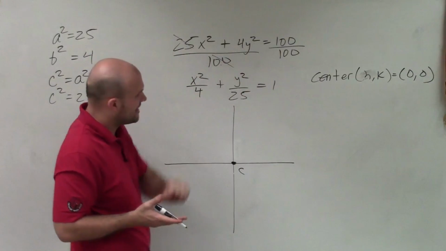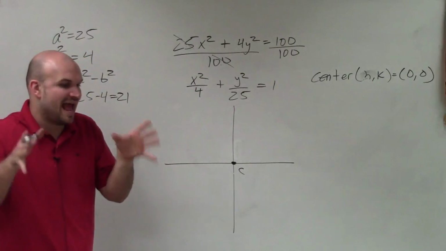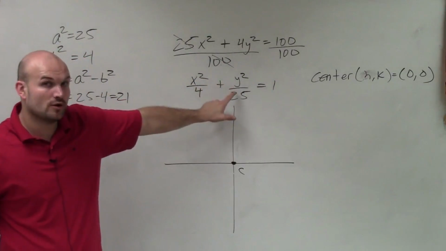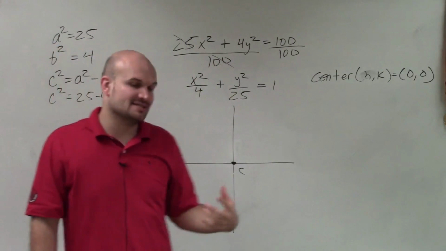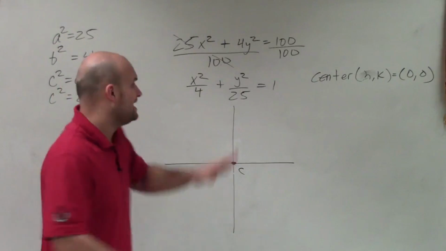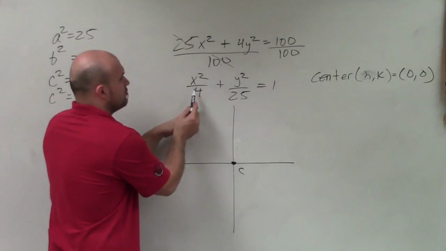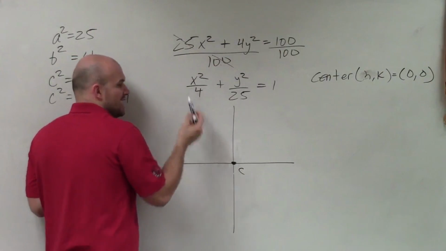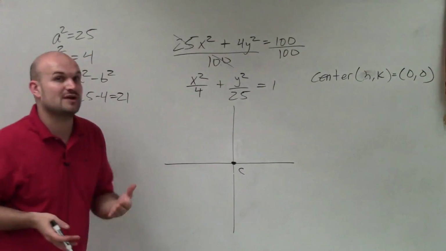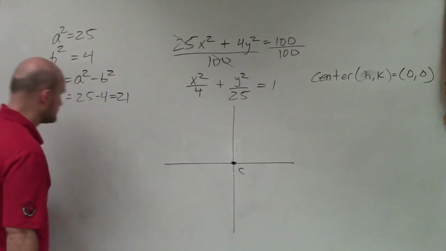So I go back and look at my equation. And whenever my a is under my y coordinate of my center, therefore, my major axis is going to be vertical. If these 25 and 4 were swapped, then my major axis would be horizontal because it would be under the x. So therefore, now I know my major axis is vertical.